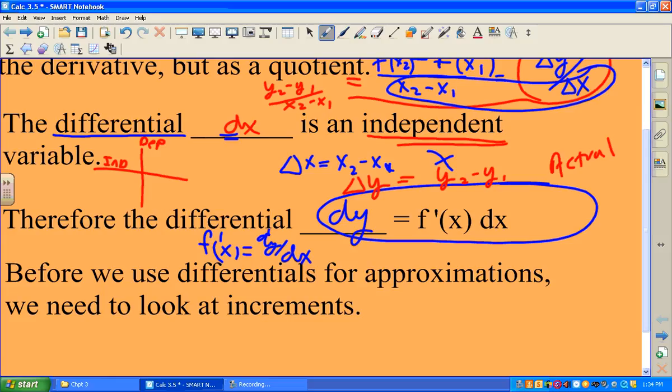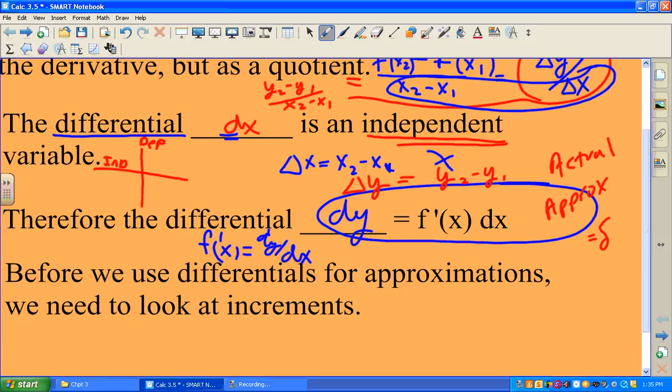The actual change is the difference between two y values. The approximate change is the value of the derivative times the differential of x. What do you mean differential of x? You've had the differential of x. Do you remember what delta equaled? This delta symbol, what did it equal?